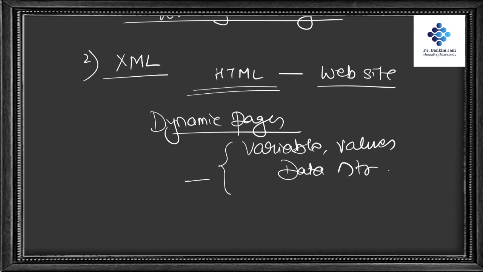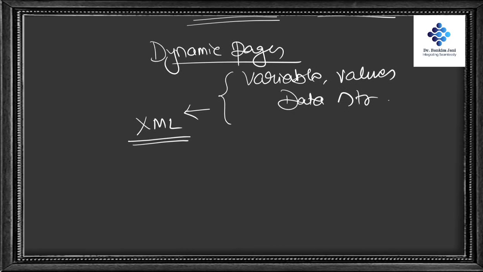And there came XML, extensible markup language. For our purpose, XML is there and we have JSON. They both are languages, and definitely JSON is more friendly.